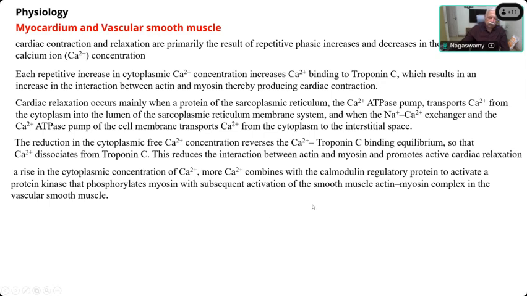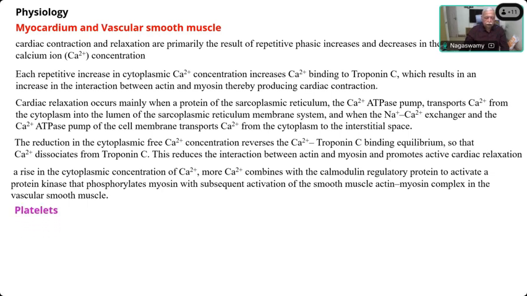Even if you can't remember all these individual names, we can write about the overall action. This individual mechanism, how the myocardial contraction happens, you have to write in your answer because that is the basic physiology that they expect, and how it regulates contraction and relaxation in the smooth muscle also you can add in your answer.